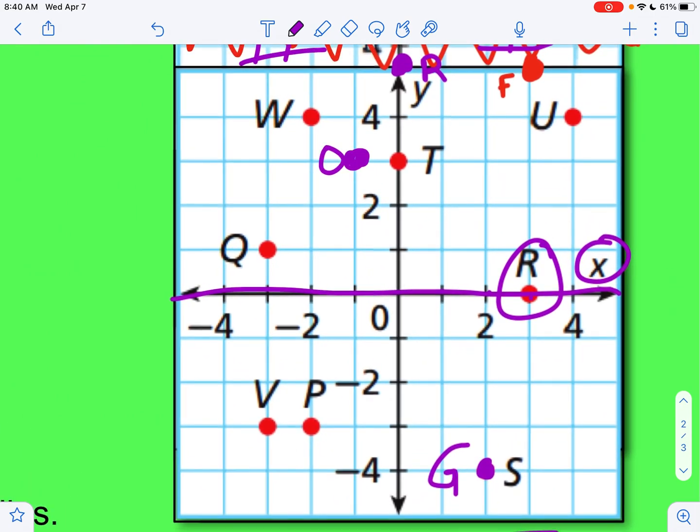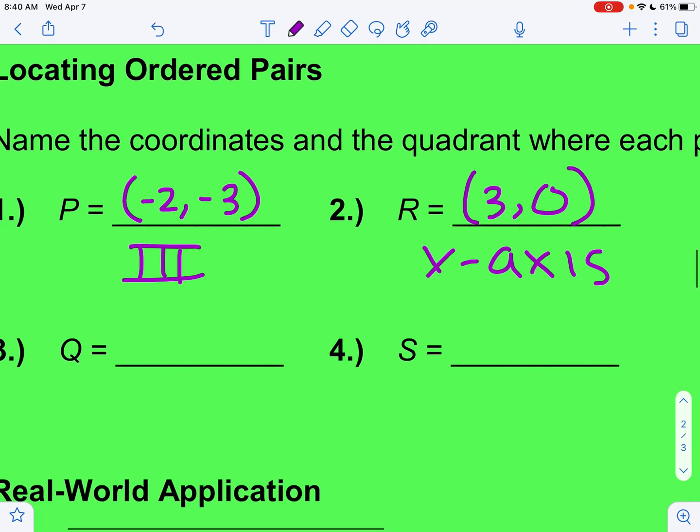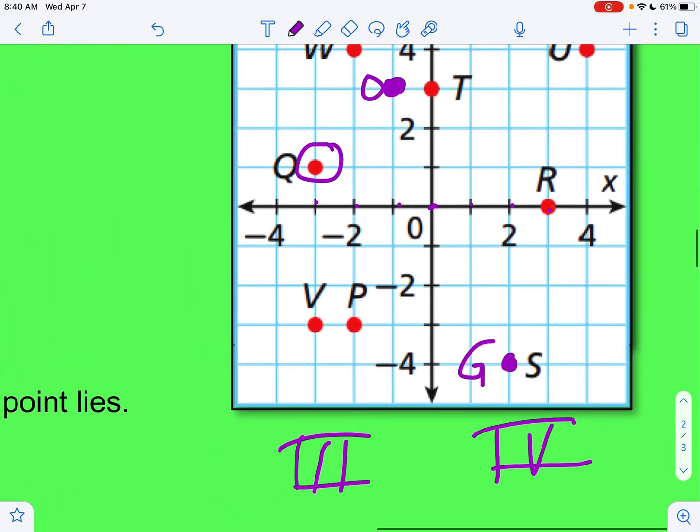All right, and our next one is Q. So here's letter Q. We start at 0. Are we moving to the left or to the right? Right, we're moving to the left, so it's going to be a negative. -1, -2, -3. So that's your first number. That's your x coordinate.